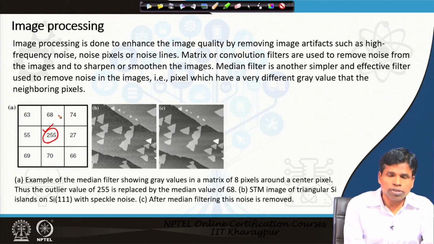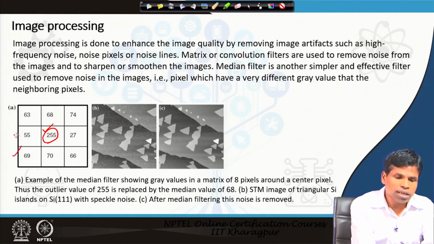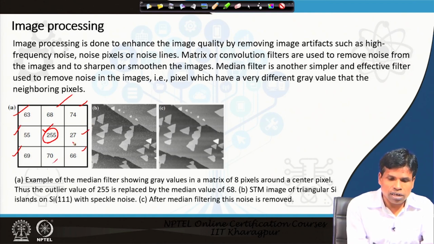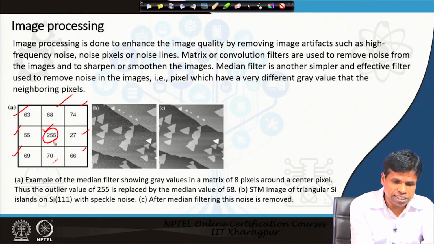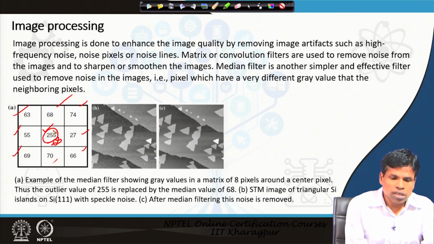Therefore, noise reduction can be done by taking the median value of the 8 pixels. The median value of these 8 pixels was found to be 68. The median value was taken as 68 instead of 255; 255 is replaced by 68.